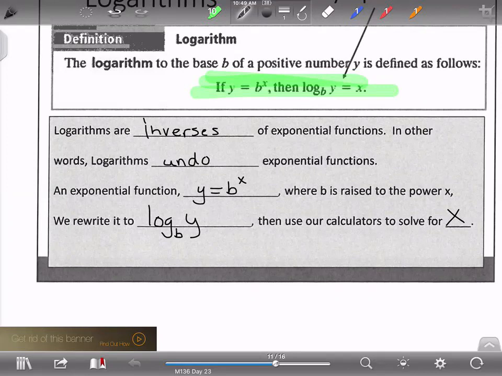So in this case, the exponent is x. If we're trying to figure out what that exponent is, we're going to use log base b of y to figure that out. And we can use our calculator. If you pull out your calculators, they should all have log buttons on them. We're going to learn how to use them today.